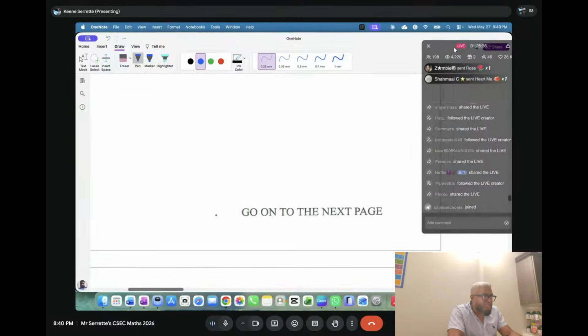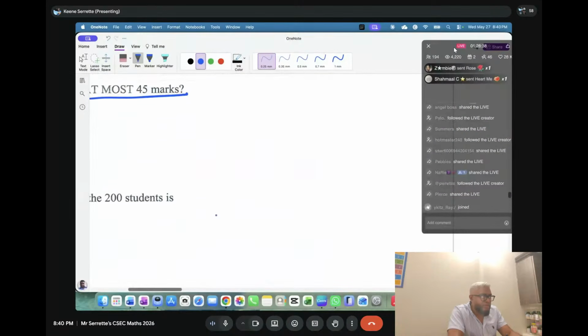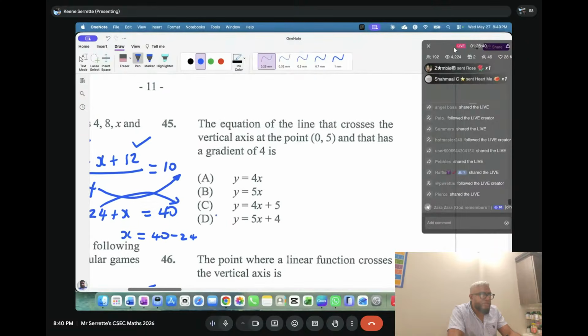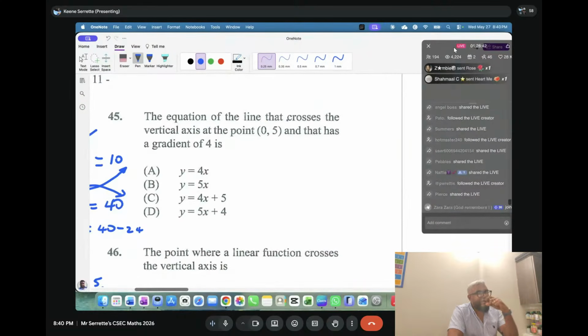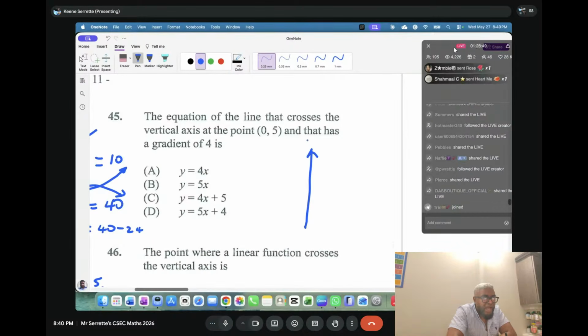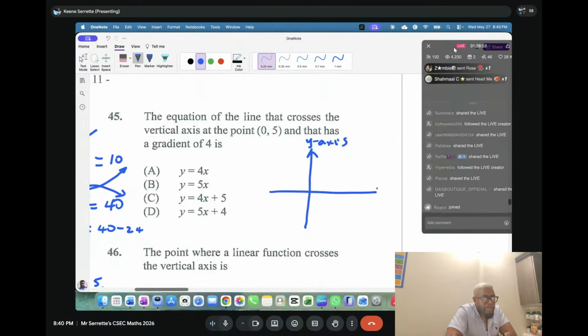The equation of a straight line. So the equation of the line that crosses the vertical axis at 0, 5. Your vertical axis, my children, will be your y-axis, right? So you have your y-axis, you have your x-axis. This line is crossing the vertical axis at 0, 5, which is somewhere here. And it said the gradient is 4, so a positive gradient is going up this way.